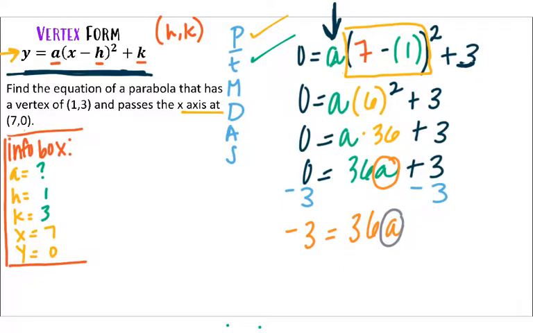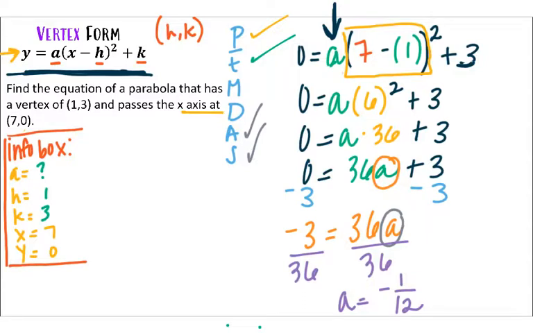So if you're looking at PEMDAS backwards, I subtracted, there was nothing to add, but now I need to divide both sides by 36 to isolate the A. So that tells me my A value is going to be equal to, when you simplify negative 3 over 36, negative 1 over 12. Now that we have found our A value, let's add that to our information box. So our A is now negative 1 over 12.